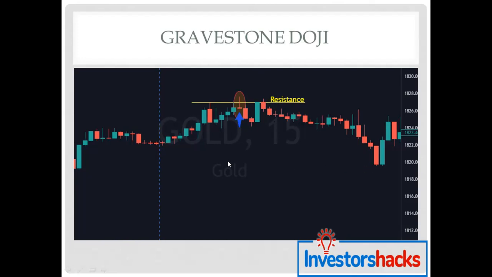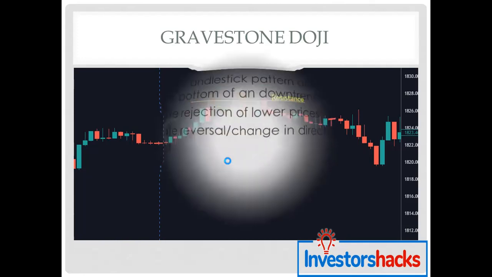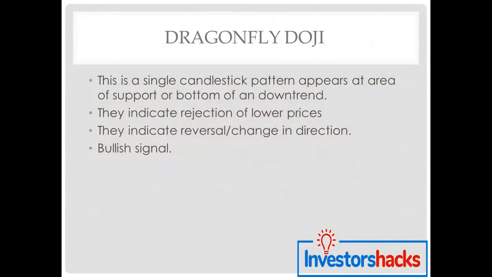Okay, so we move on, and then we have the Dragonfly Doji. The Dragonfly Doji is the opposite of the Gravestone Doji. It is a single candlestick pattern that appears at an area of support or at the bottom of a downtrend.